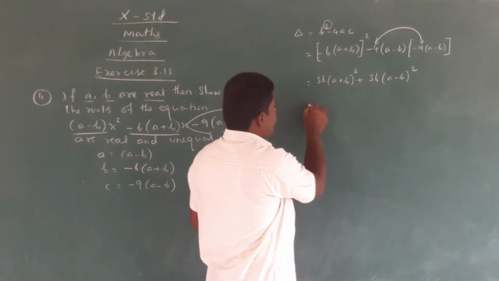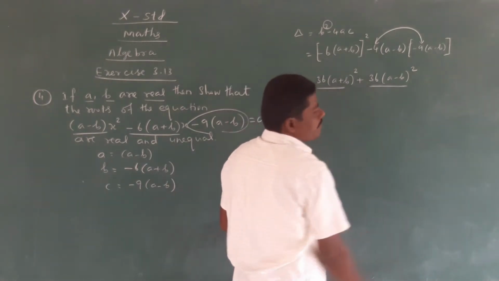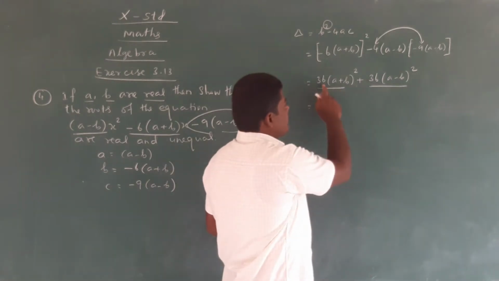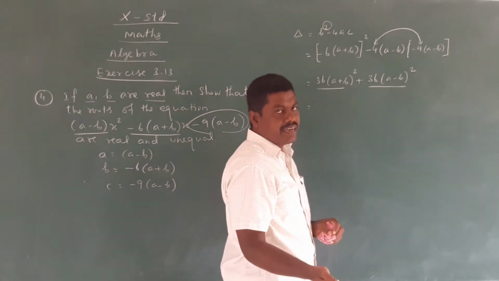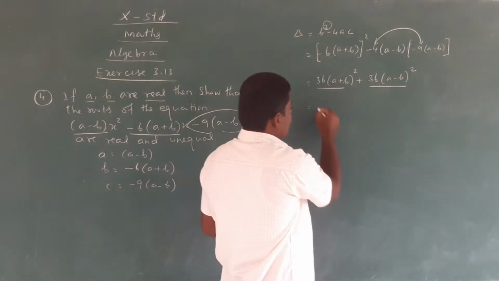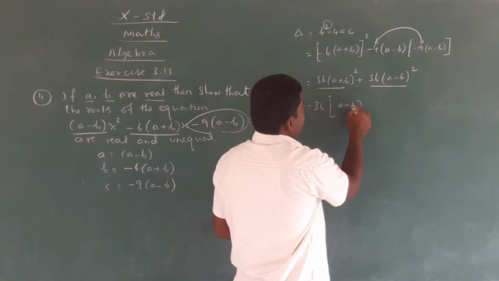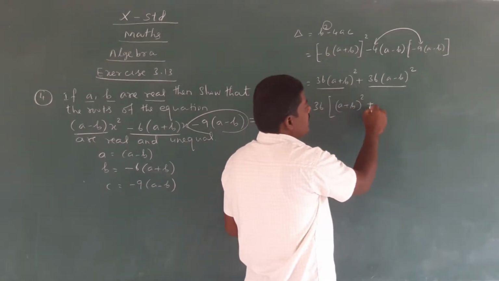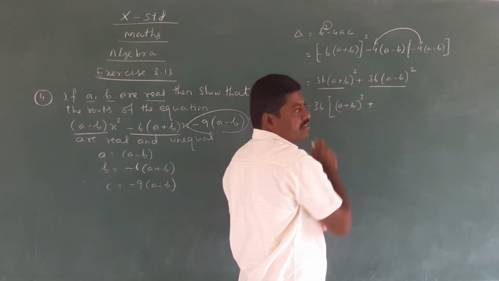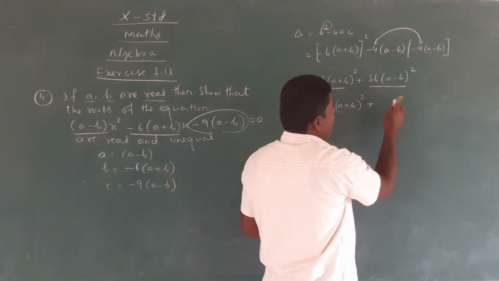Understand? So from these two terms, 36 is common. We take 36 outside. So 36 of (a + b) the whole square, here plus is there, plus this 36 we already took outside, so the remaining is (a - b) the whole square.